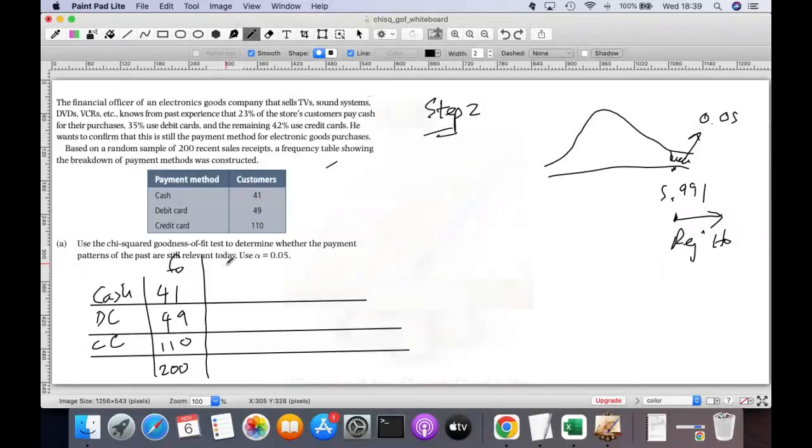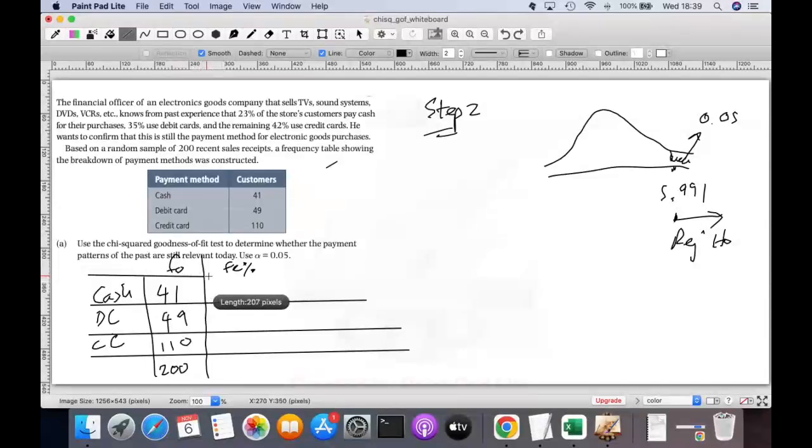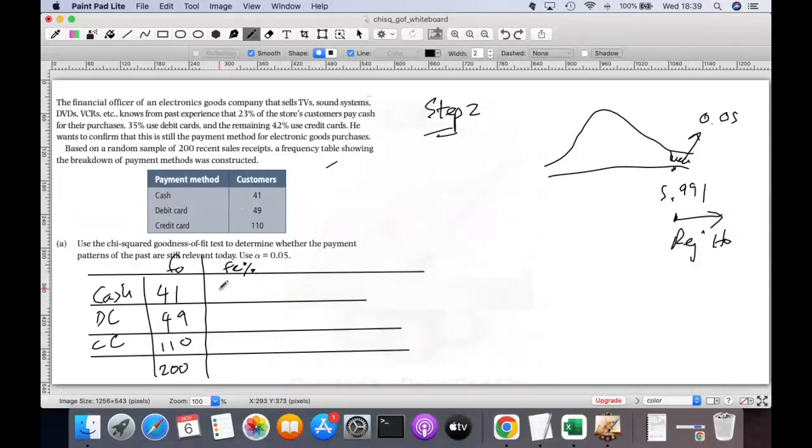The other information that's given to us is the expected frequency, but as a percent. So your FE, but as a percent. If you read the text, it tells you that 23% of them pay by cash. So I'm going to put that in this table.